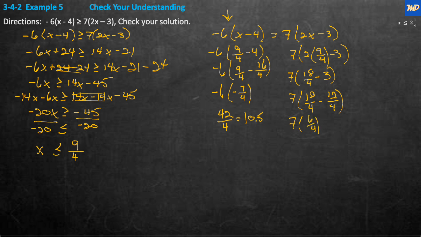And if we multiply this out now, that is equal to 42 fourths. And 42 fourths is equal to 10 and a half. And as you see here, 10 and a half from here is equal to 10 and a half on this side. So we've done that correctly.